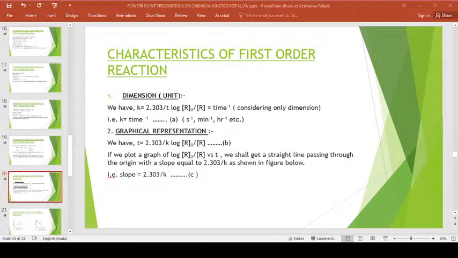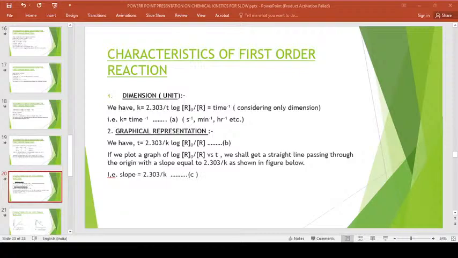Calculate the overall order of the reaction which has the rate expression. Number 1, part A: rate equal to k, concentration of A raised to the power 1 by 2 into concentration of B raised to the power 3 by 2.